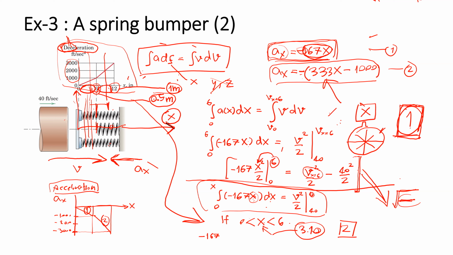Do you think it doesn't work because at first it's feet per second squared and we change to meter, and for x it's inches and we change to meter, so the unit is too big, so it gives the negative? Yeah, maybe, you're right.